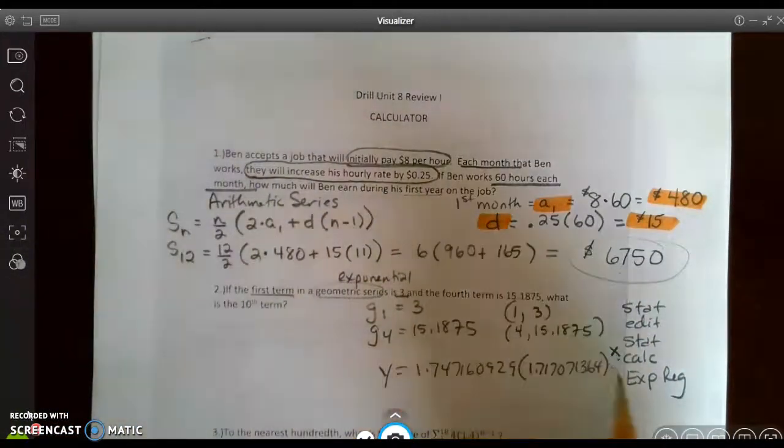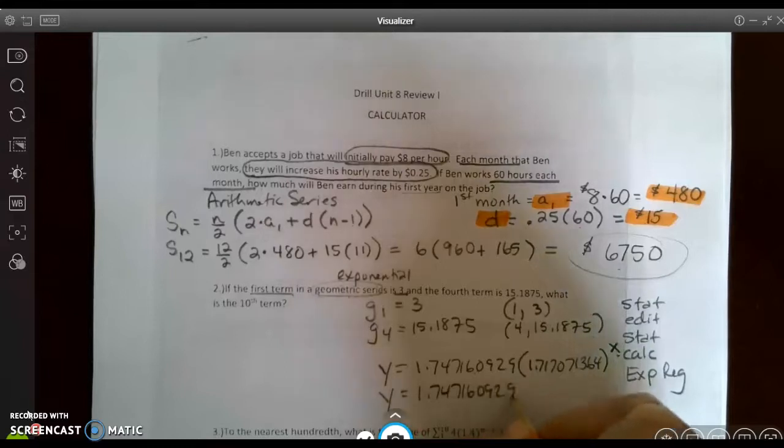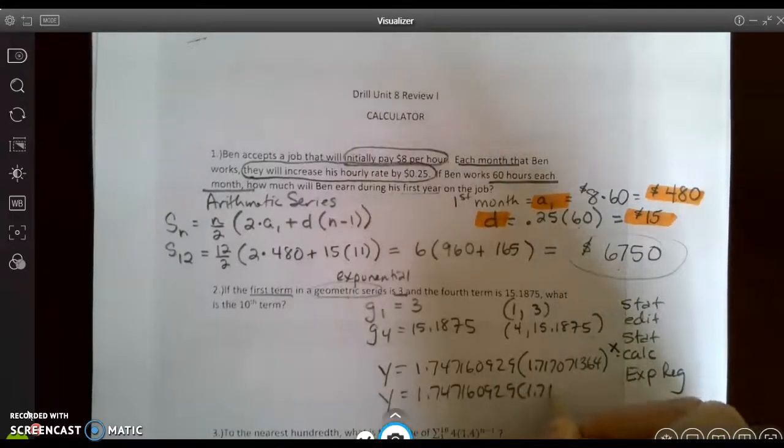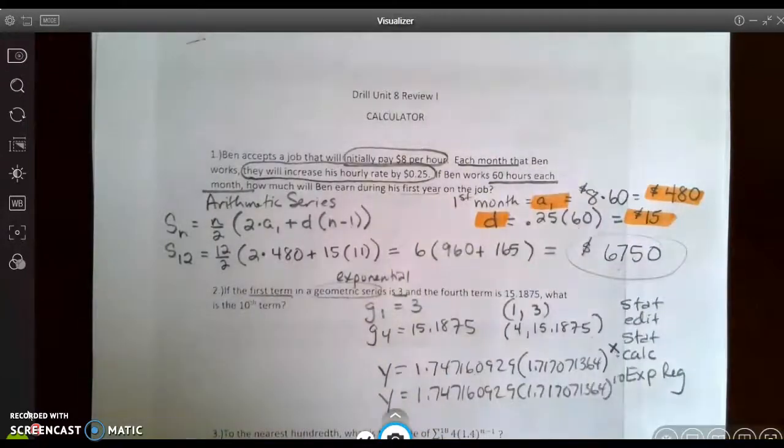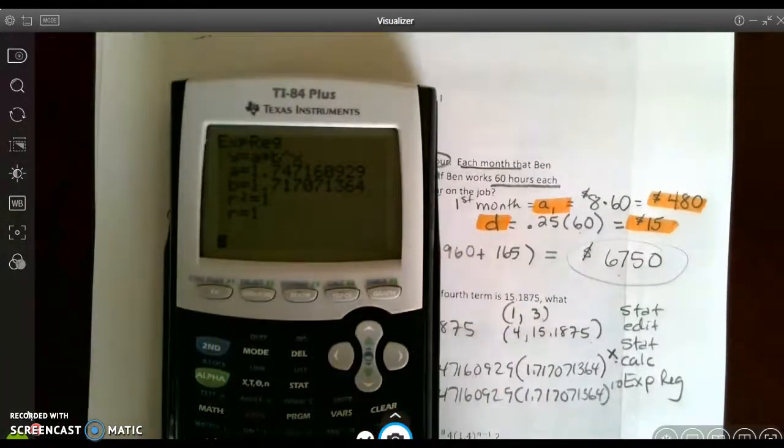So when I want to find the 10th term, I can simply put a 10 in there. So I'm going to put a 10 into this formula. To the 10th power. Let's go ahead and do that. 1.7471600929 times 1.7170711364.